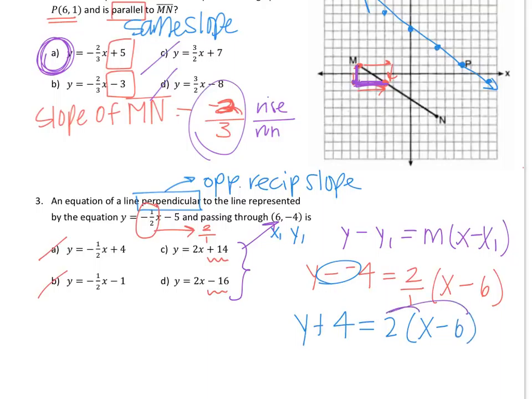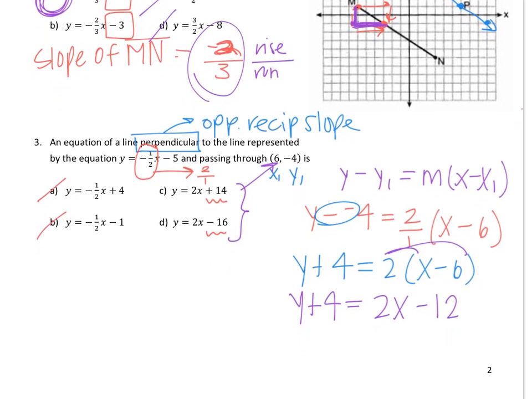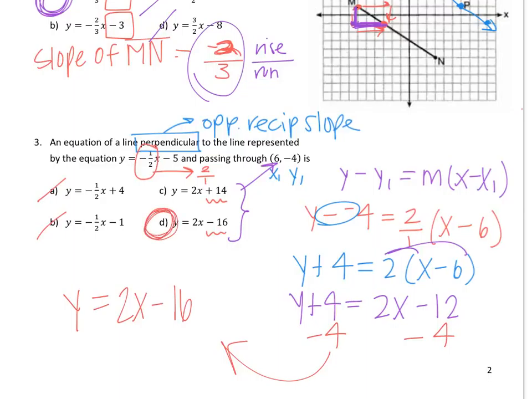Distribute that 2, so we have y plus 4 equals 2x minus 12. And get it back in y equals. So we end up with y equals 2x minus 16. Choice D. Go ahead and flip it once you have it.